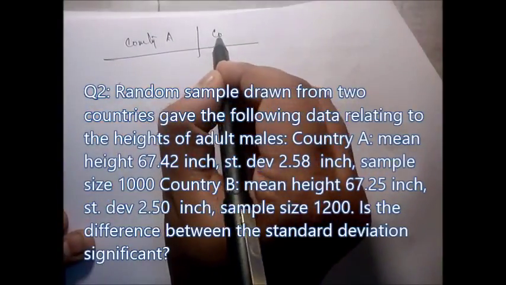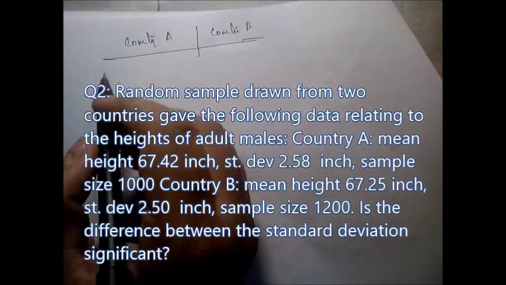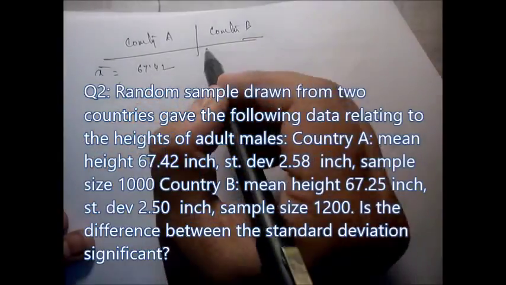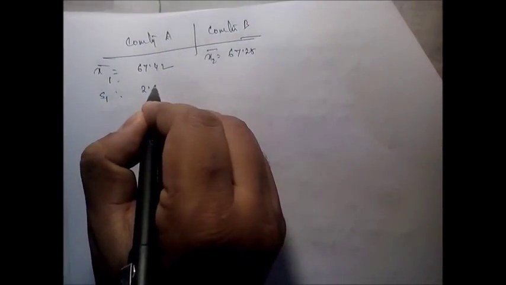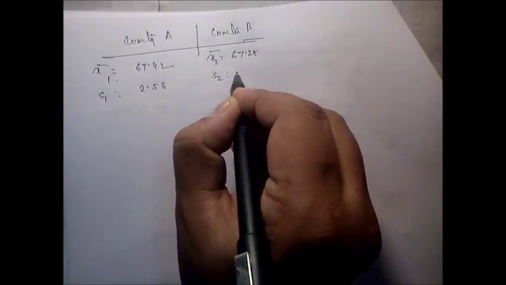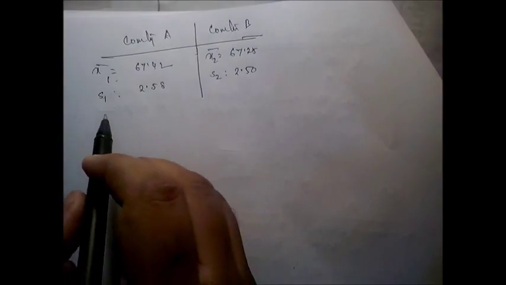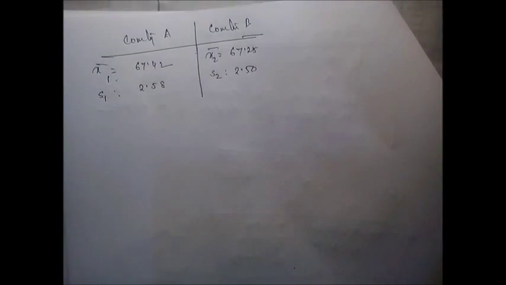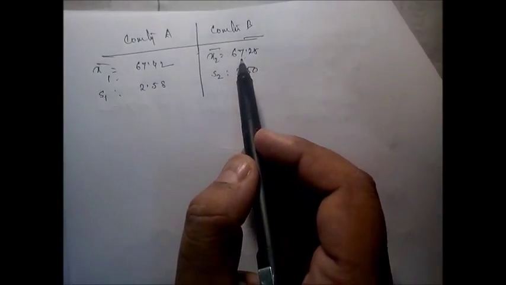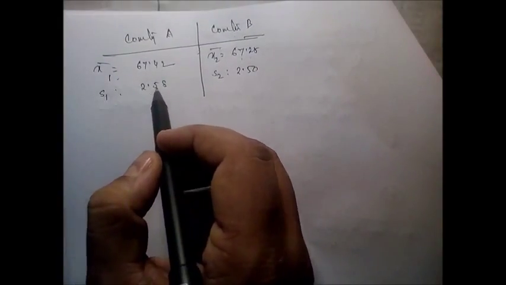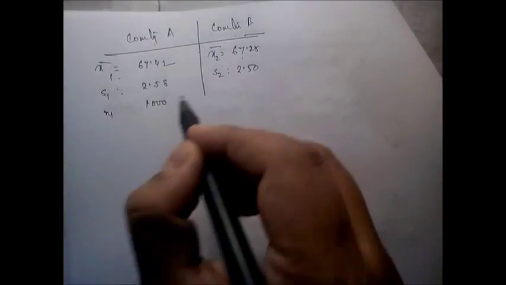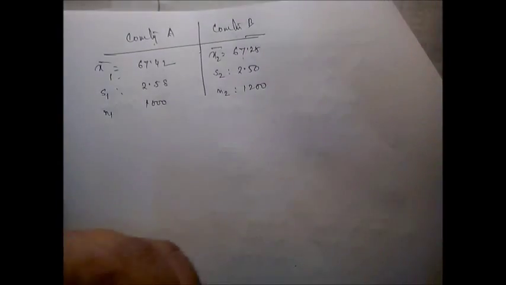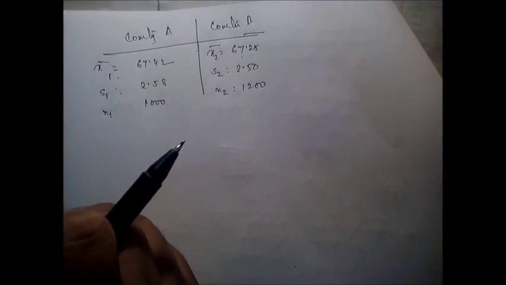Country A has mean height 67.42, standard deviation 2.58, and sample size 1000. Country B has mean height 67.25, standard deviation 2.50, and sample size 1200. The question is, is the difference between the standard deviations significant?